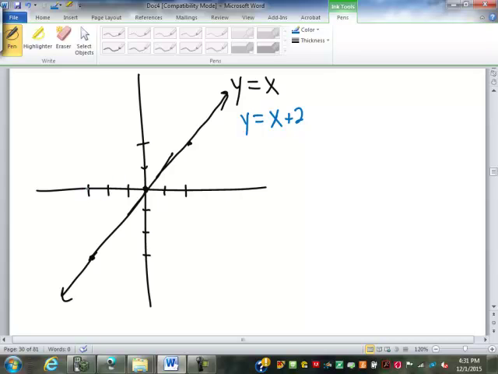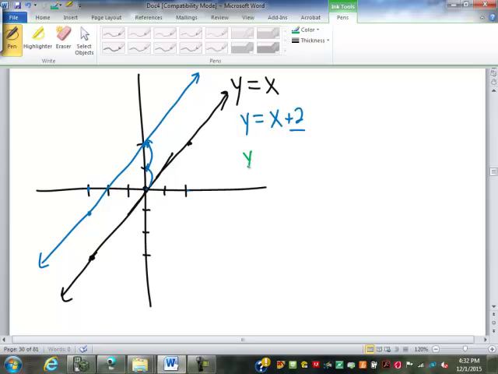So now if x is -3, what's y? -1, right? -3 plus 2 is -1. If x is 0, y is 2. If x is 2, y is 4. We get a line here that's parallel to that first one, but what's changed? It's moved up 2 spots. Hence plus 2, right?